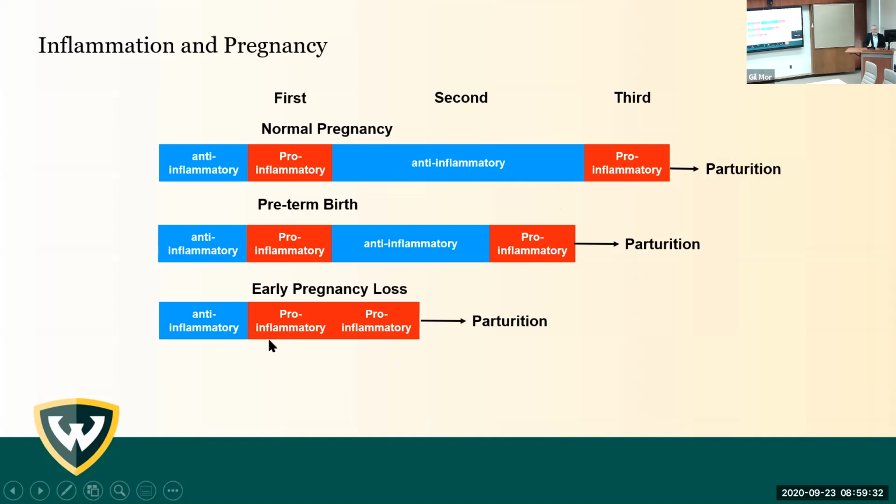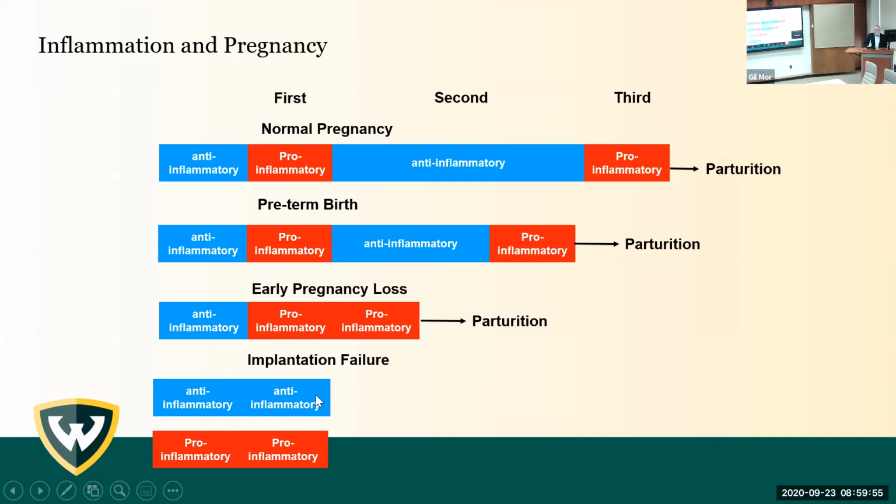If you have a good inflammatory process, you will have an implantation. But if that inflammation continues, you will have an early pregnancy loss. And if you don't have an inflammatory process and it's only a continuous anti-inflammatory, you have implantation failure. Now, implantation failure can also be caused by excessive inflammation. Too much of a good thing is bad.